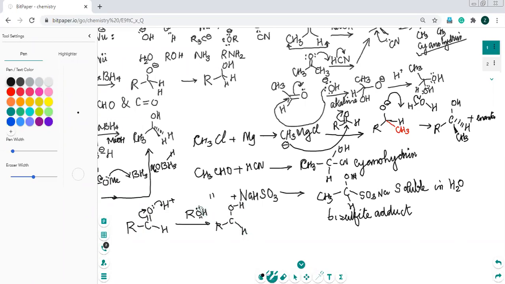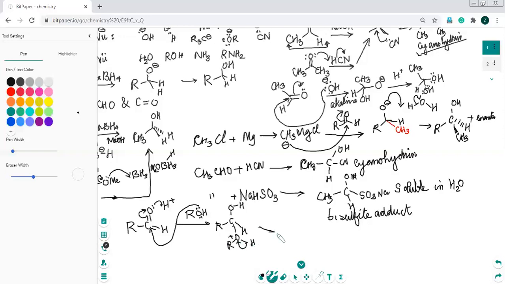Now the nucleophile attacks. Oh, sorry, I made a mistake here. I should have done it on the other side. Yes, this is what is happening. So you end up here with O R H. Oxygen cannot have 3 bonds, it is not stable, so it becomes 2 bonds here.